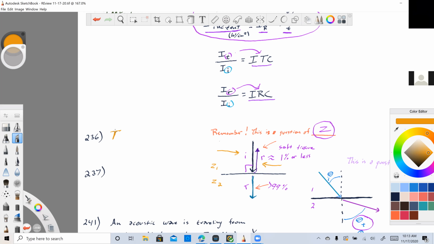237, a sound pulse strikes a boundary between two media with normal incidence. What does normal incidence mean? Normal, 90 degrees. Okay, 237.